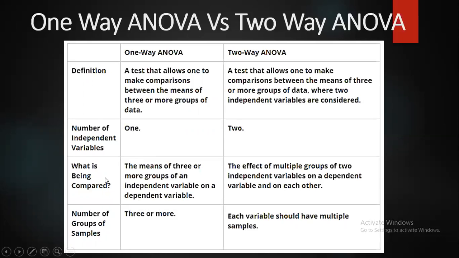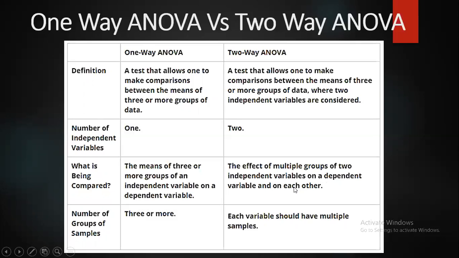Next, what is being compared in one-way ANOVA is 3 or more groups of an independent variable on a dependent variable. In two-way ANOVA, it is the effect of multiple groups of two independent variables on the dependent variable.